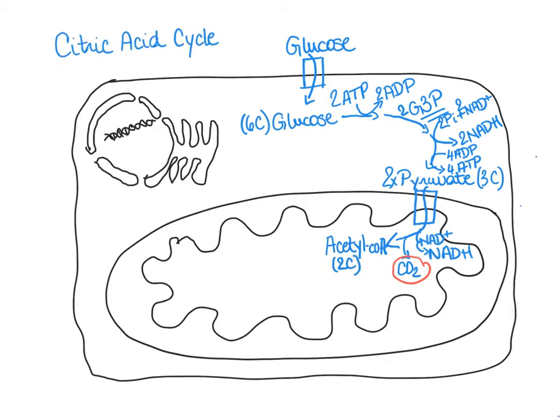Acetyl CoA is what's added to the citric acid cycle. The 2 carbons of acetyl CoA get added to a 4-carbon molecule called oxaloacetate. Again, you don't have to worry about that name. This transforms it into a 6-carbon molecule called citric acid. So that's where the cycle gets its name.